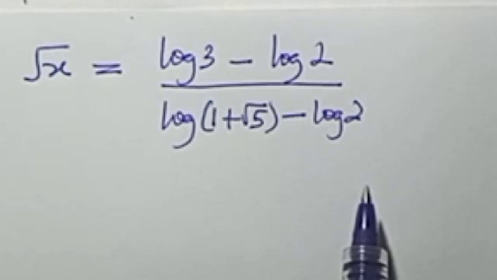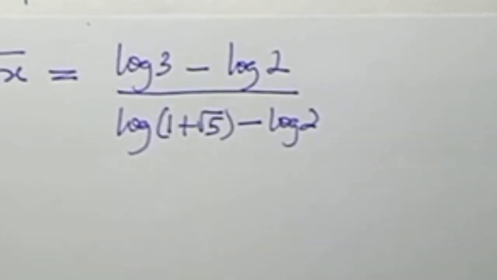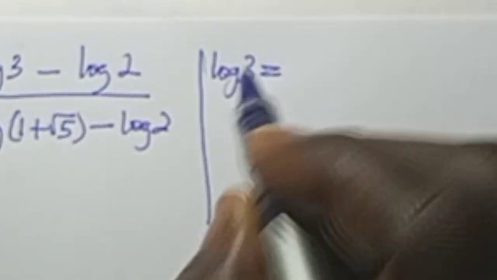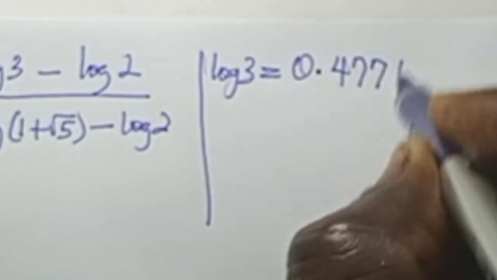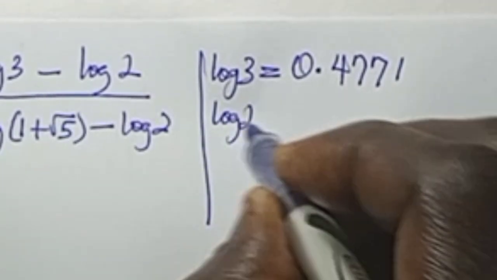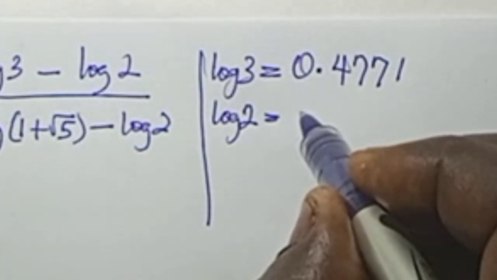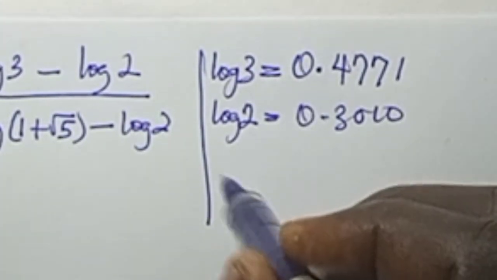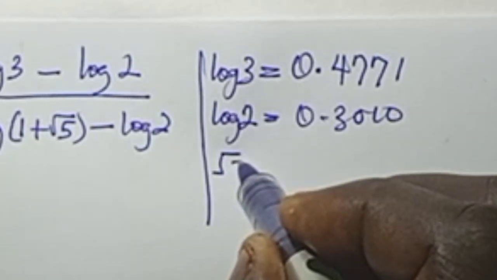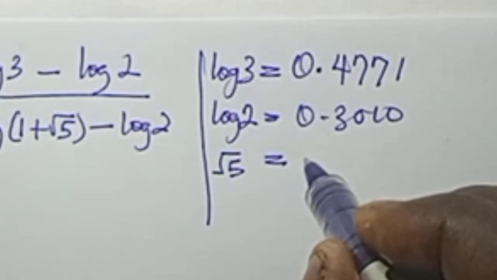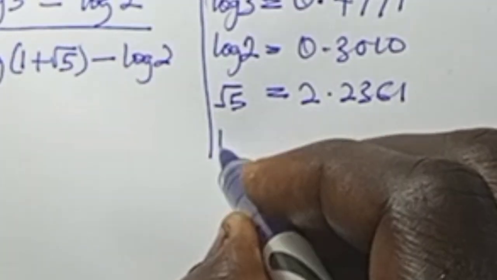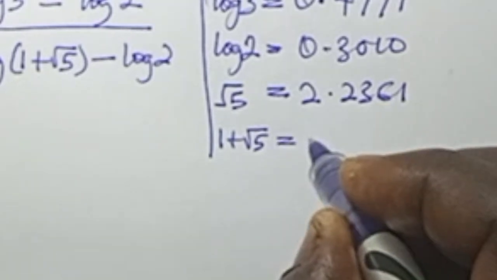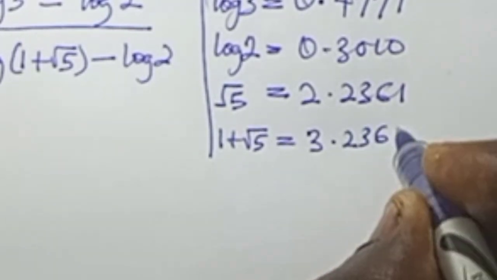So at this point, we're going to employ the use of a calculator. Log 3 from the calculator is given as 0.4771, and log 2 is 0.3010, and the square root of 5 from the calculator is 2.2361, so that 1 plus the square root of 5 will become 3.2361.